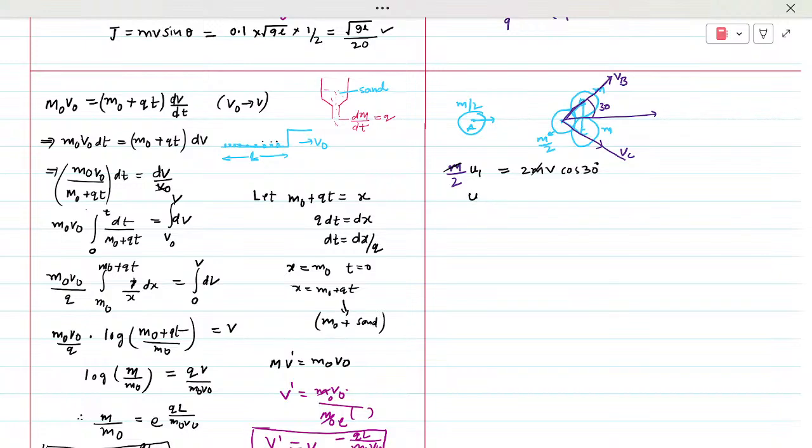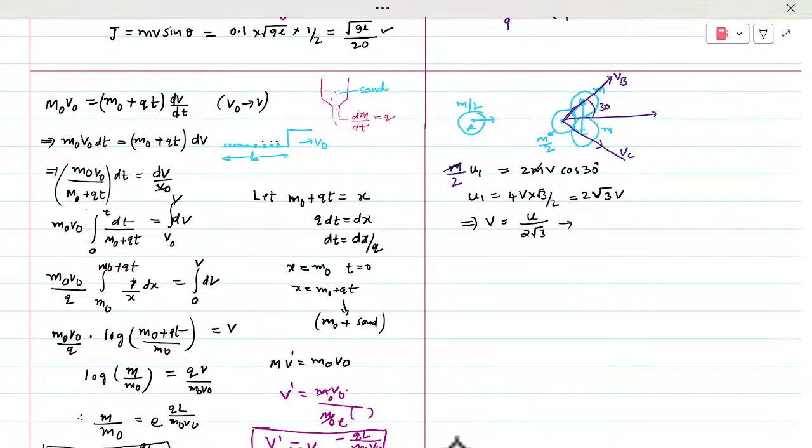Therefore u1 is equal to 4V into root 3 by 2. So that is equal to 2 root 3 into V. That implies V is equal to u by 2 root 3. Understand? This is the velocity of ball B and ball C.